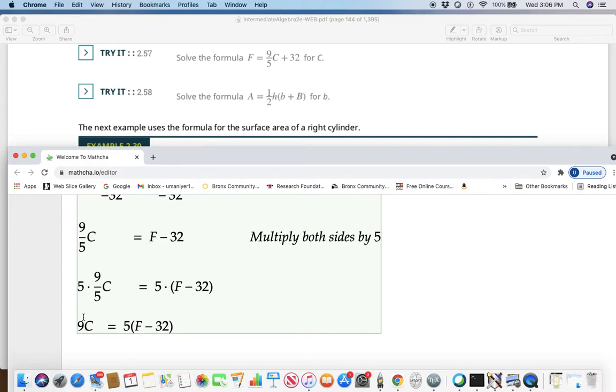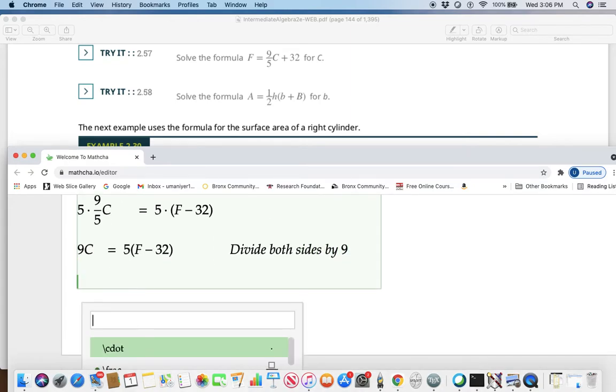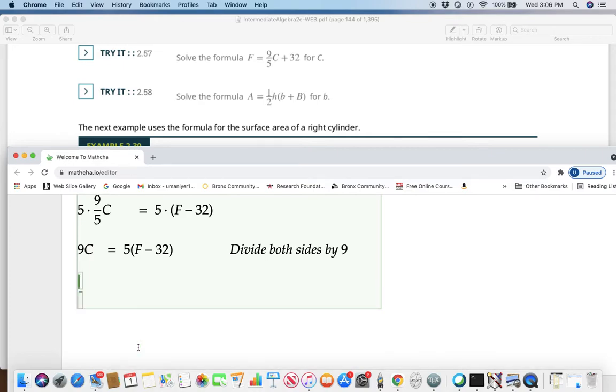Now I want to solve for C. I want to get rid of this 9, so divide both sides by 9. In other words, you are looking at 9C over 9 equals this entire expression, 5 times F minus 32, over 9.